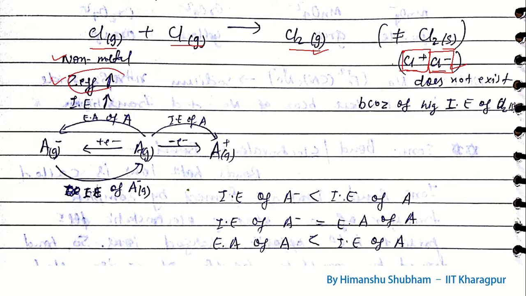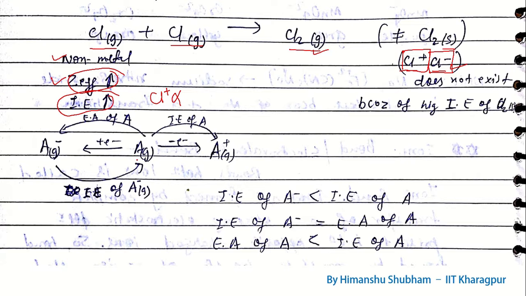Z effective is basically the attraction on its outermost electron, and since Cl has a stronger hold on its outer electron, it would be difficult to knock down an electron from the outermost shell of Cl atom. Therefore it would have a higher ionization energy, and formation of Cl plus gas is really difficult.